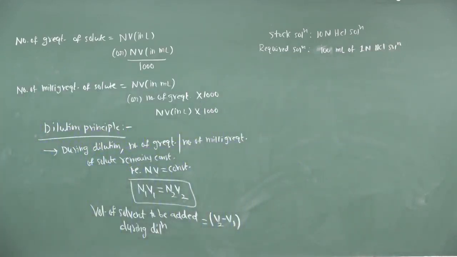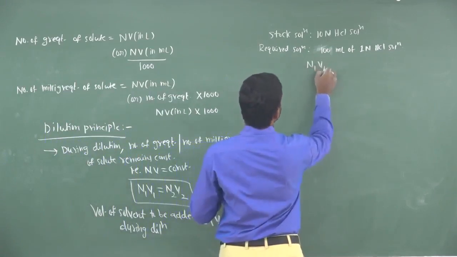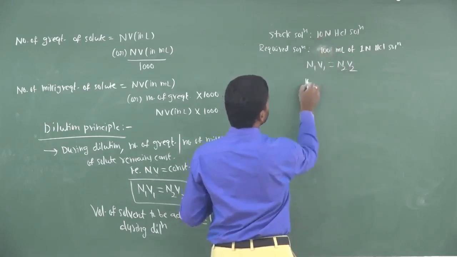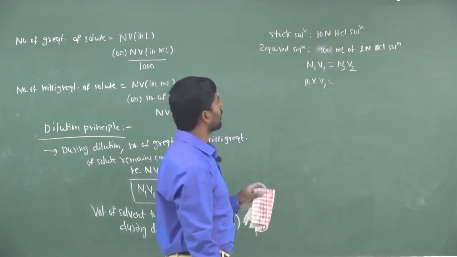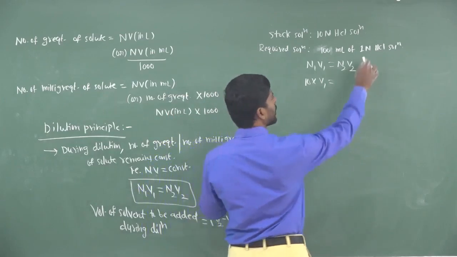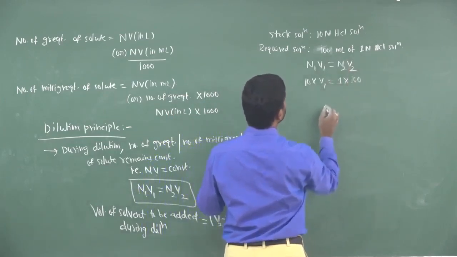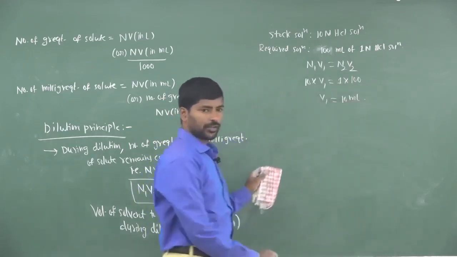Our required solution is 100 ml of 1 normal HCl solution. So now N1 V1 is equal to N2 V2. N1 value is 10. V1 we have to calculate, that is, the volume of stock solution we have to take. Required concentration is 1, required volume 100. So V1 is equal to 10 ml.